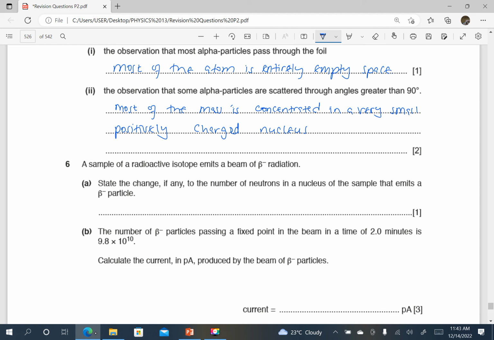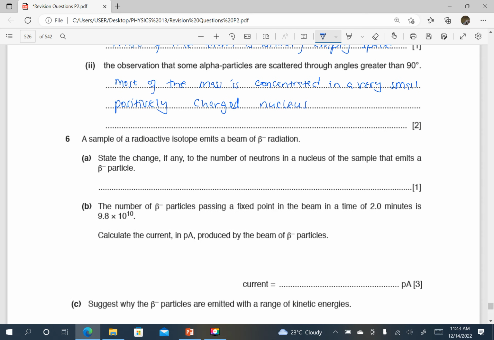A sample of a radioactive isotope emits a beam of beta minus radiation. State the change, if any, to the number of neutrons in a nucleus of the sample that emits a beta minus particle.